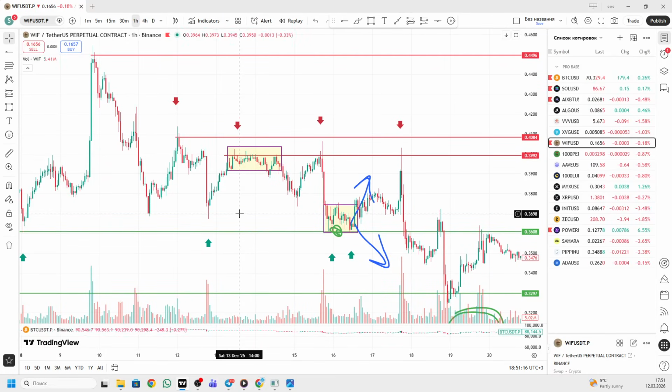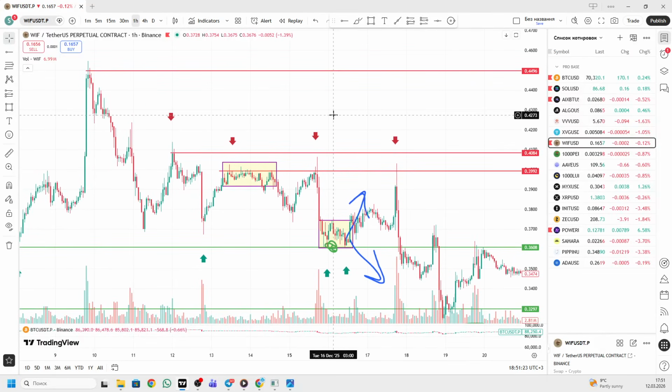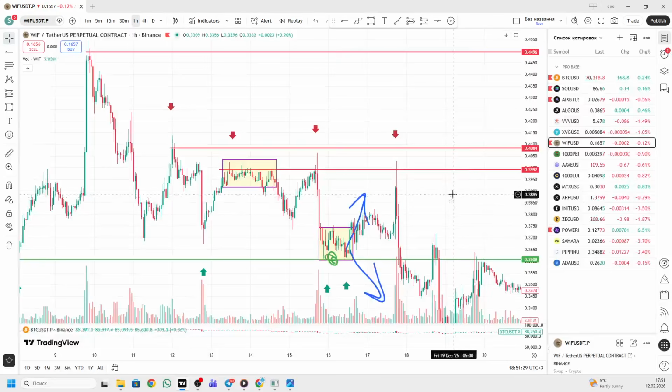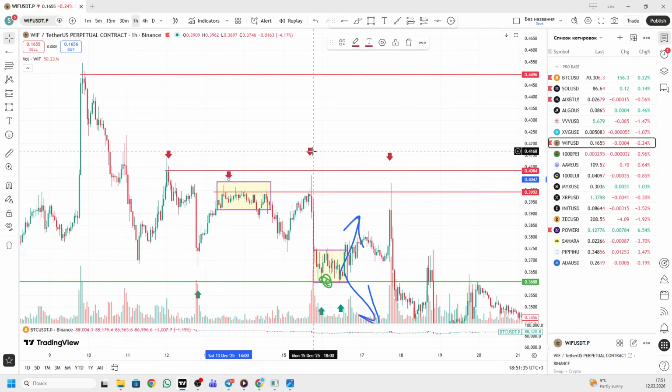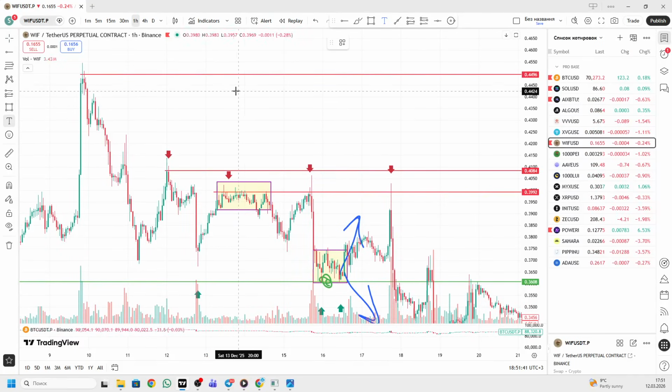Okay, so now an important point about position size. If your deposit is $21, let's write this down also as well. $21 deposit.